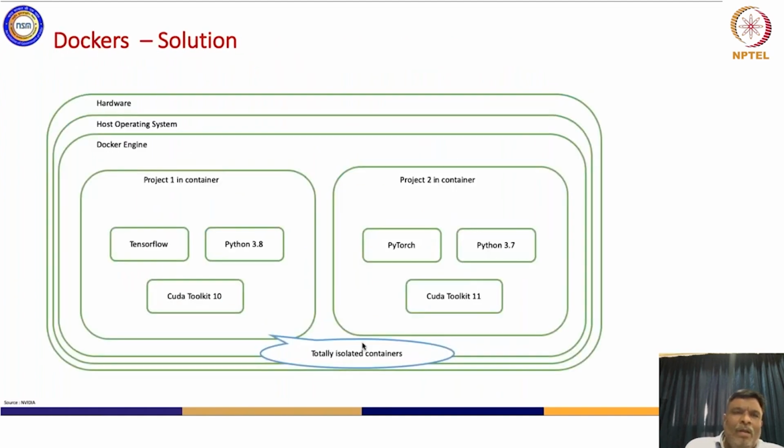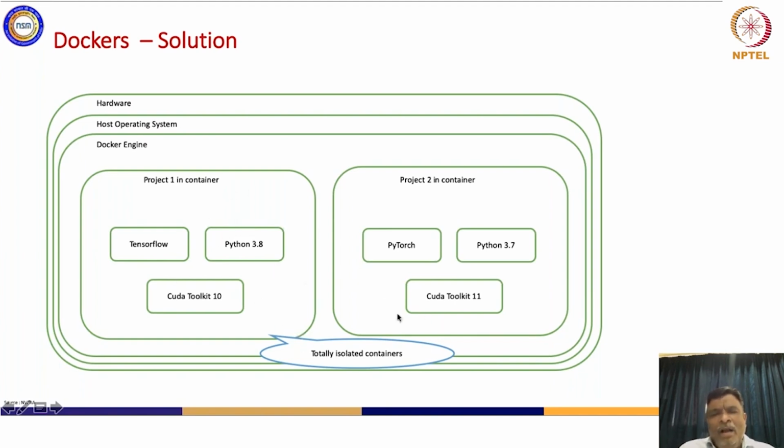Now, when Dockers came, the solution was something like this. You have the hardware, you have the host operating system, you have a Docker engine, and you have project 1 in a container, project 2 in a container. It may have its own framework ready, everything ready.